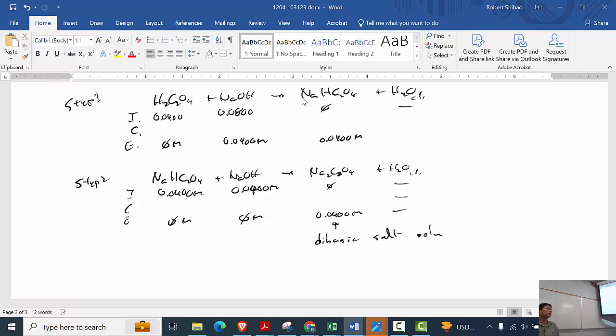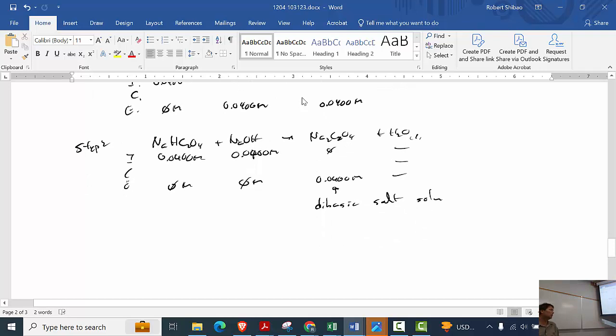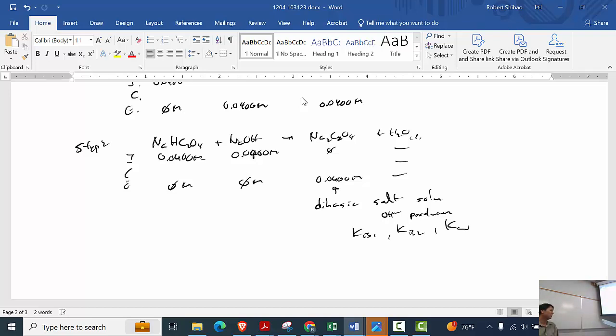So if we have a base solution, then we just look for KBs. We look for hydroxide producers. So the hydroxide producers will have KB1, KB2, and KW.